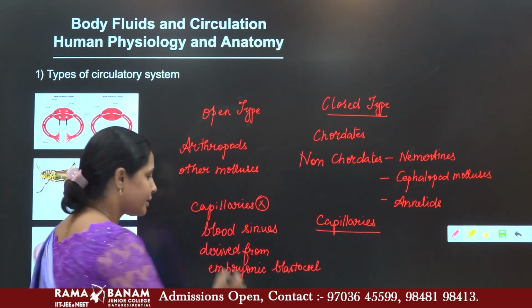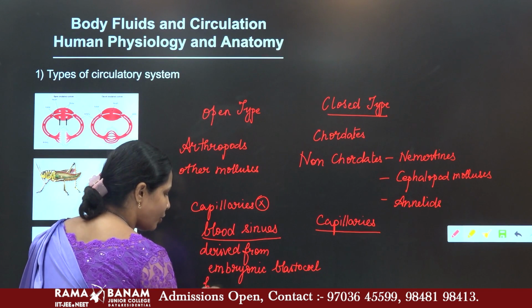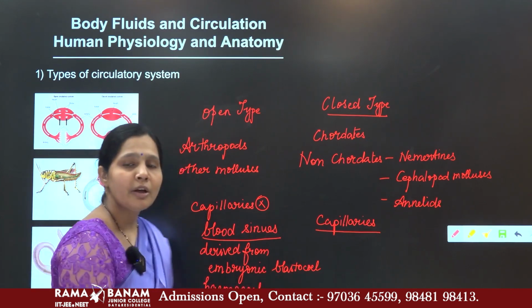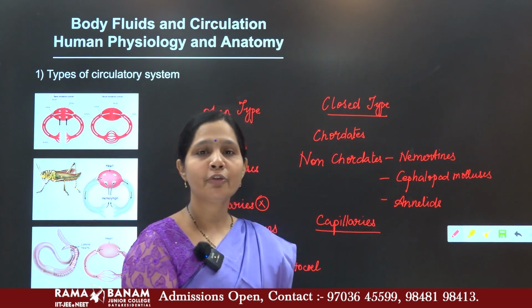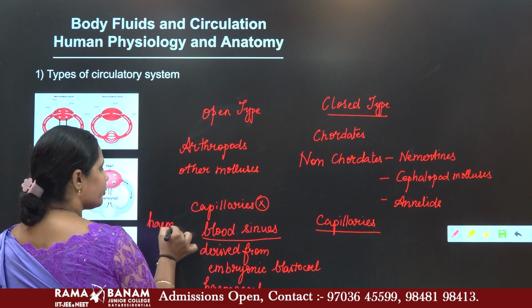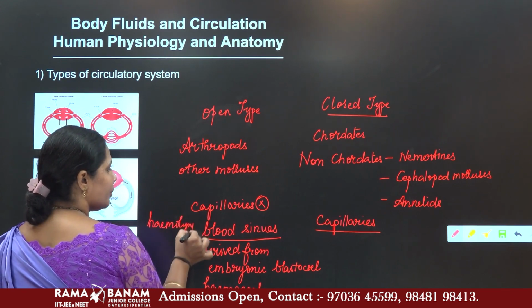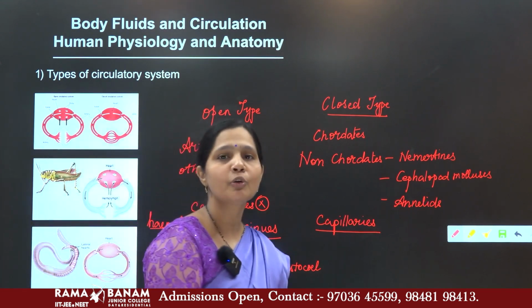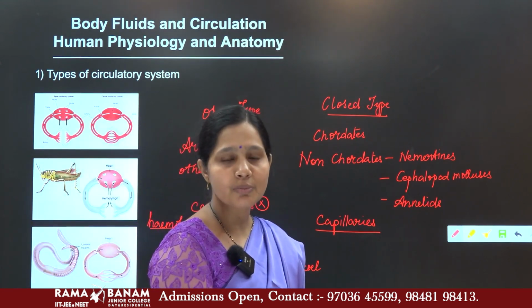These blood sinuses later form what is known as the hemocoel, and the circulatory fluid present here is known as hemolymph, right. So, this is the basic difference between the open type and closed type of circulatory systems.